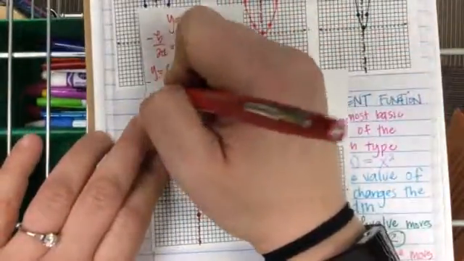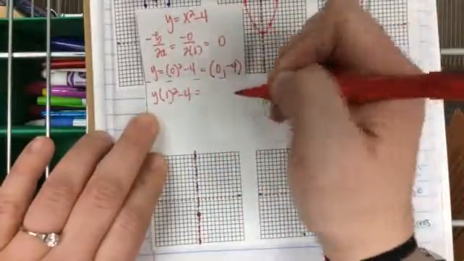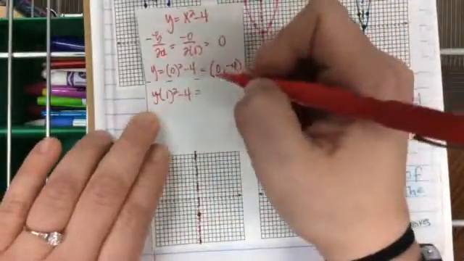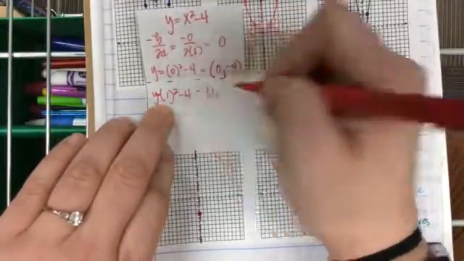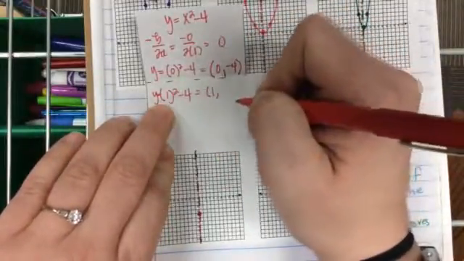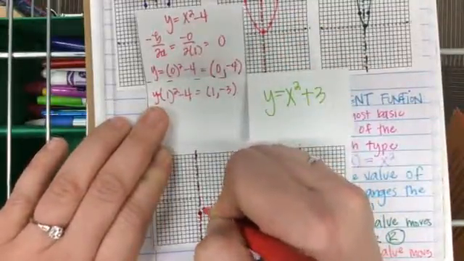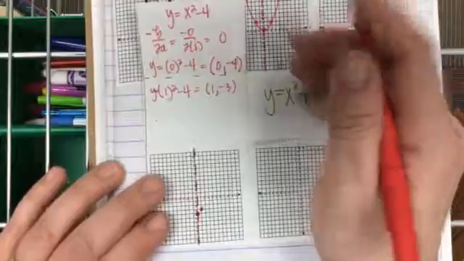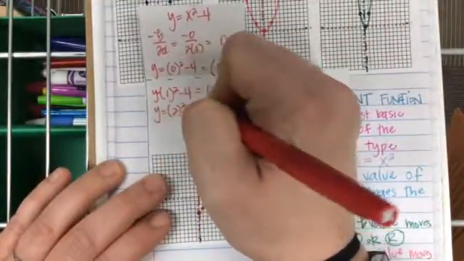Then I still substitute. So 1 squared is 1. 1 minus 4 is negative 3. So 1, negative 3. And y equals 2 squared minus 4.